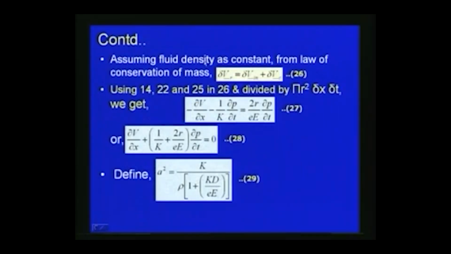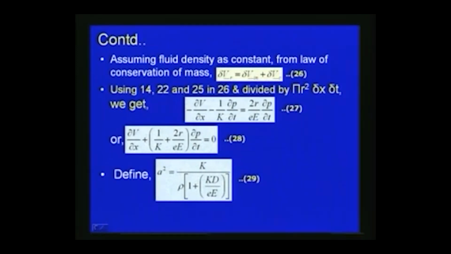So, finally, if you assume that the fluid density is constant, and now from the law of conservation of mass, the total rate of change in volume V under bar R is equal to del V under bar in plus del V under bar C as in equation number 26.